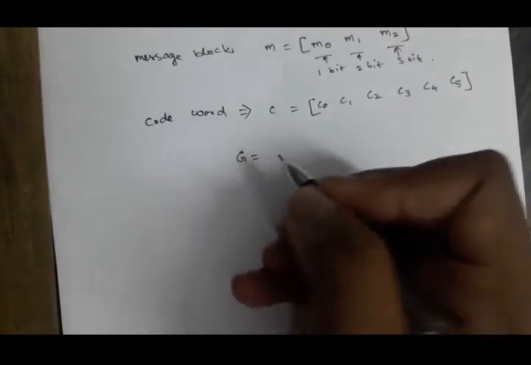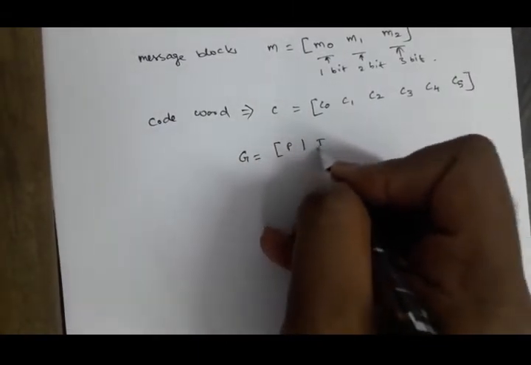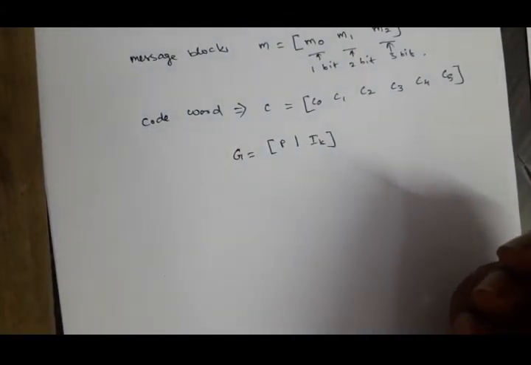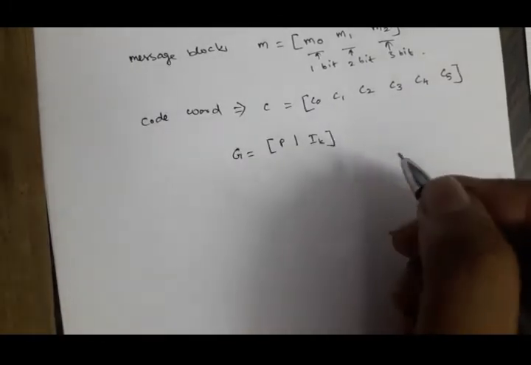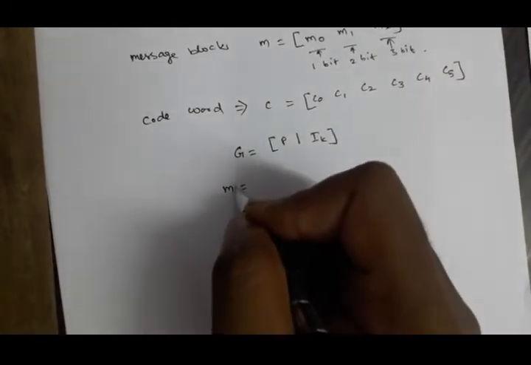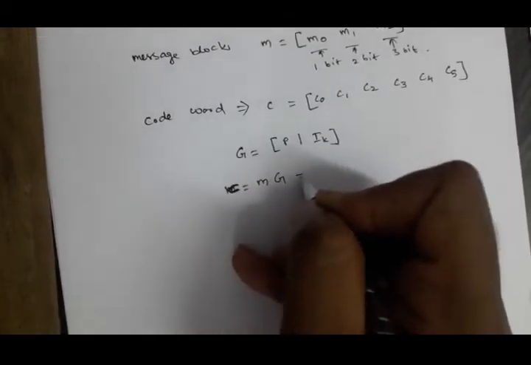And now the generator matrix can be written as the combination of parity matrix and identity matrix. And if it is so, then the code word will be message into generator matrix.